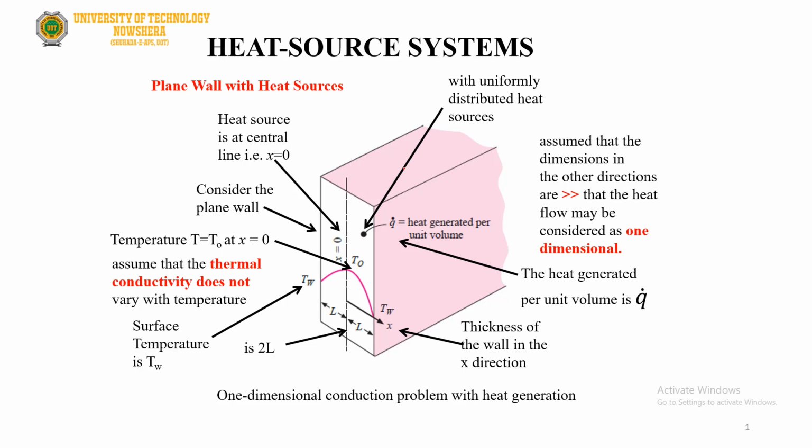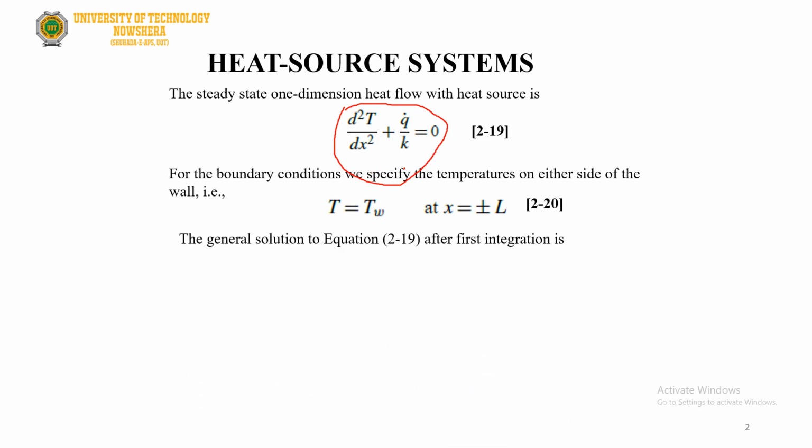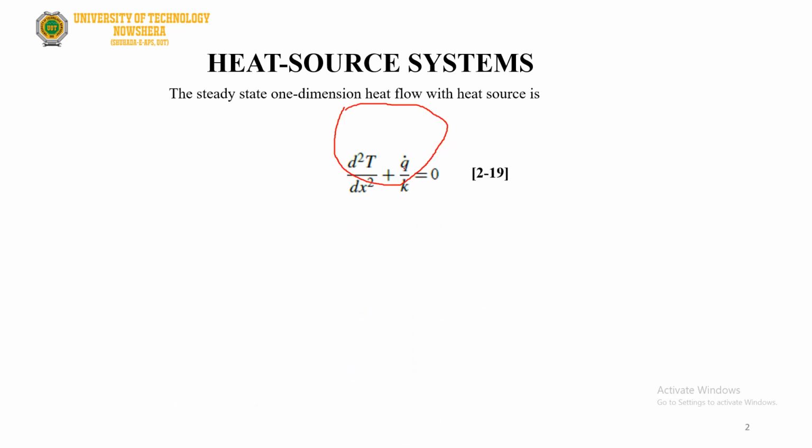Basically, it is the face of the wall, and we can also say that when x is minus L, temperature is again Tw. And the second boundary condition is that when x is equal to 0, we are at the center of the wall. Temperature of the wall is maximum temperature, which is equal to T naught.